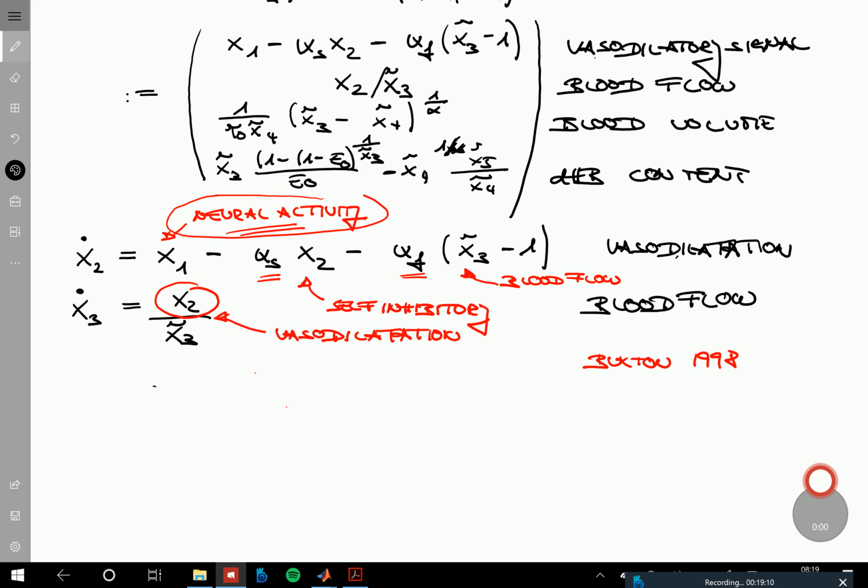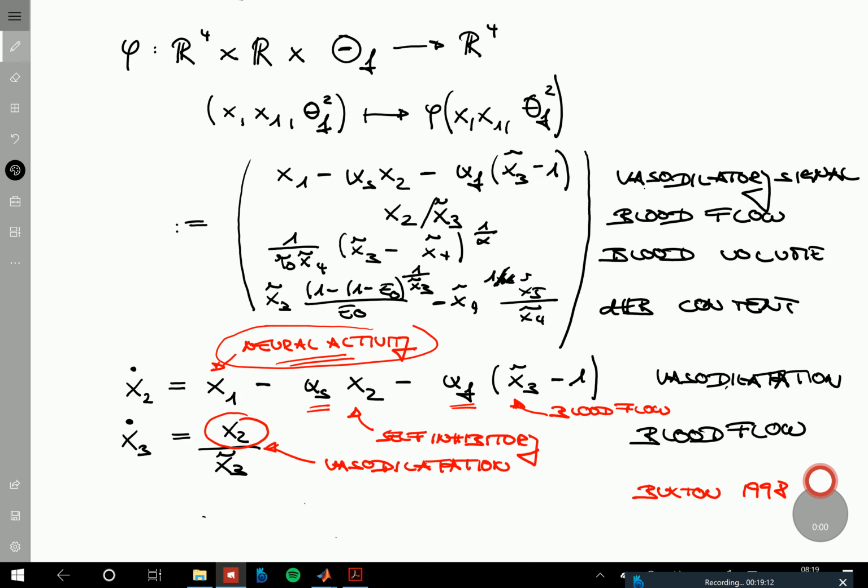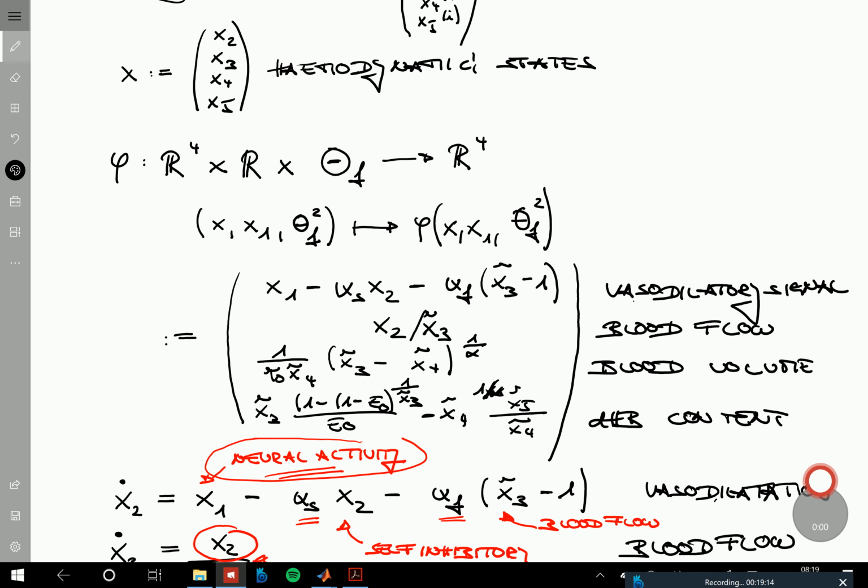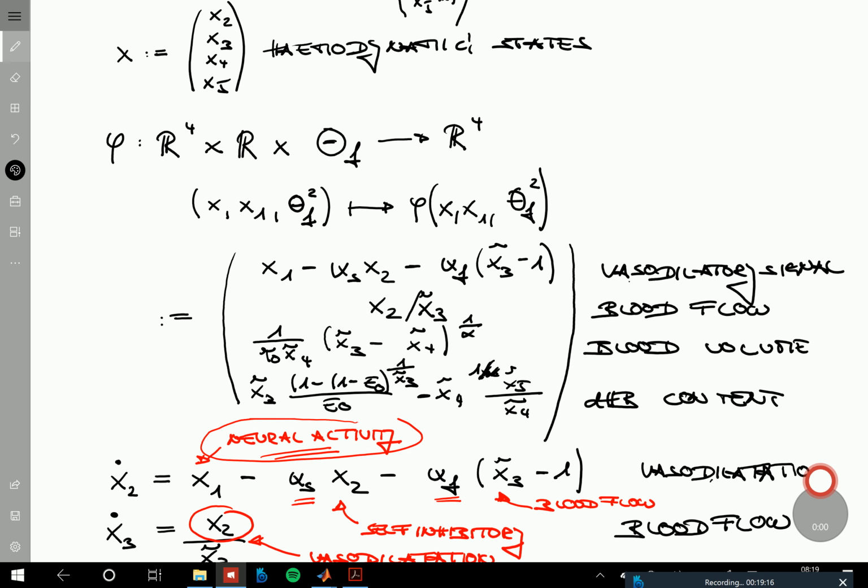Which then completes the specification of the evolution function of the hemodynamic states.